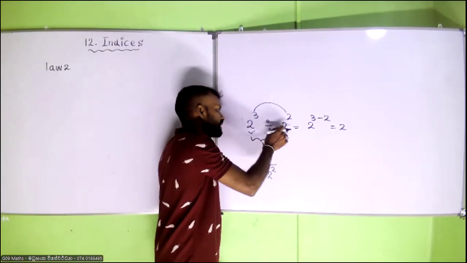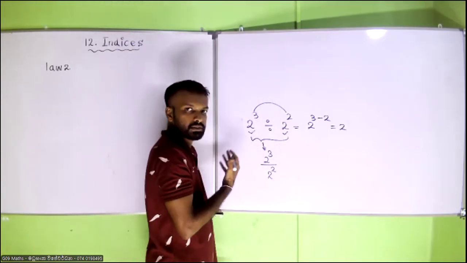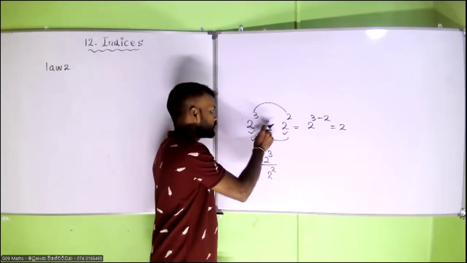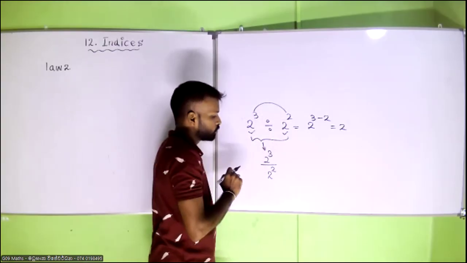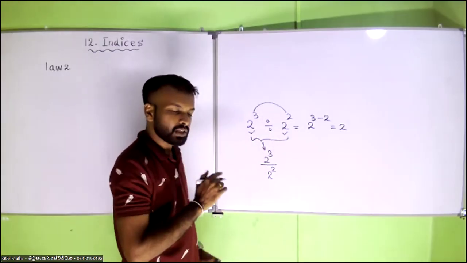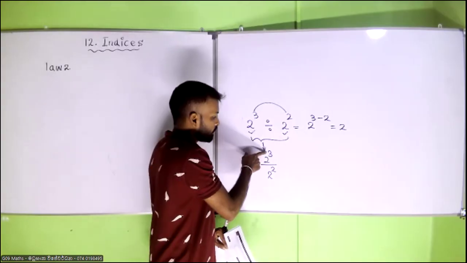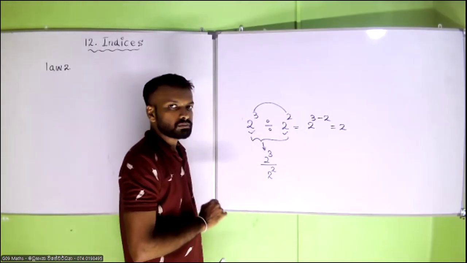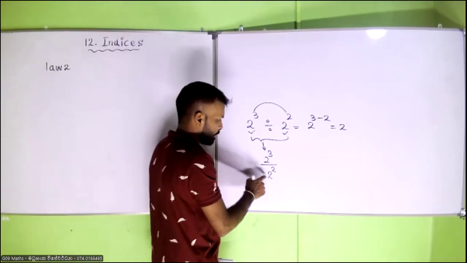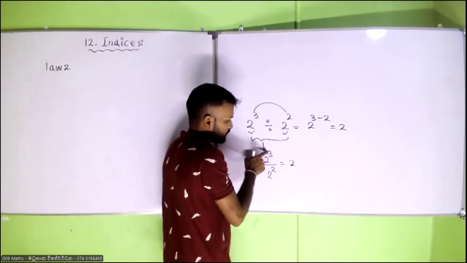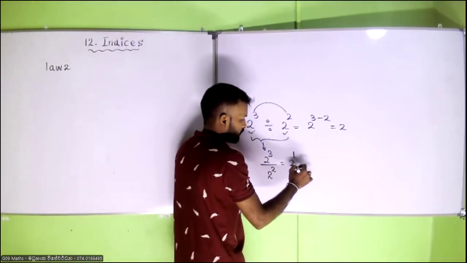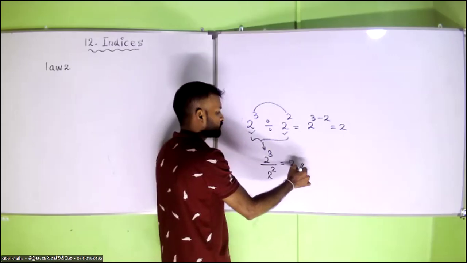If you see something like this or this, it is the same thing. Sometimes they might ask in the exam 2 to the power 3 divided by 2 to the power 2. Bases same, 3 minus 2, 1. So this should be the answer.